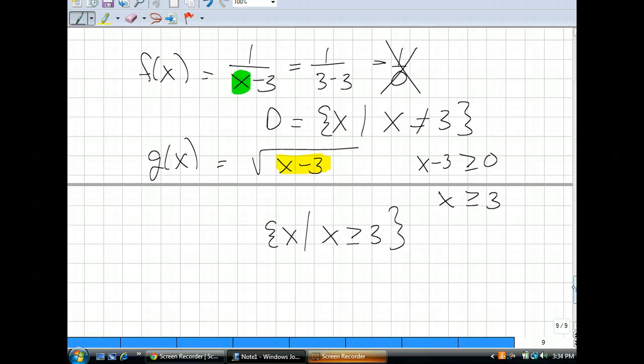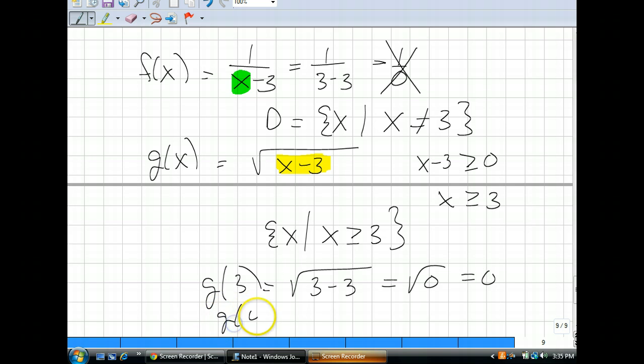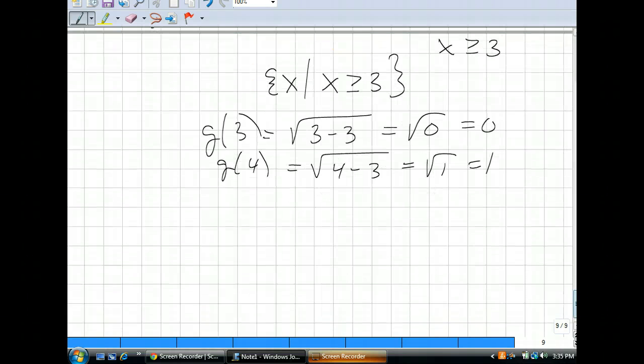So if I put 3 in, I get the square root of 0, and the square root of 0 is 0, so that's fine. If I put 4 in, I get the square root of 1, and that's 1, so that's fine. But if I use any number smaller than 3, I will end up with a negative, so that breaks the rule.